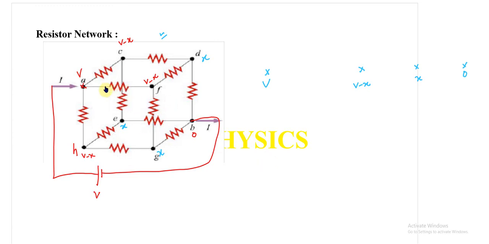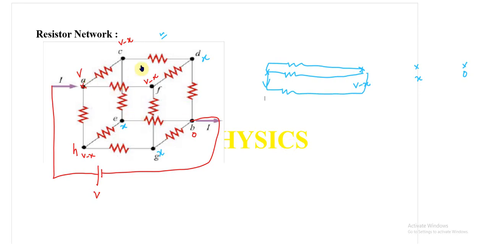Then let us count how many resistances are between V and V minus X. This is the first one, then the second one and the third one. There are three resistances, and they are in parallel like this because they all are between the same potentials V and V minus X.